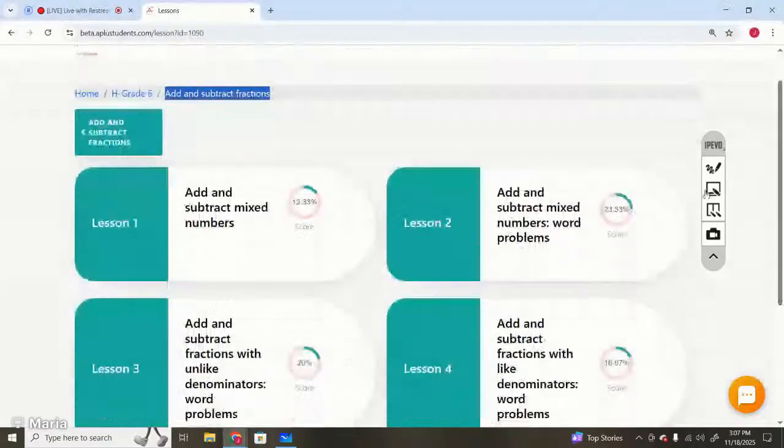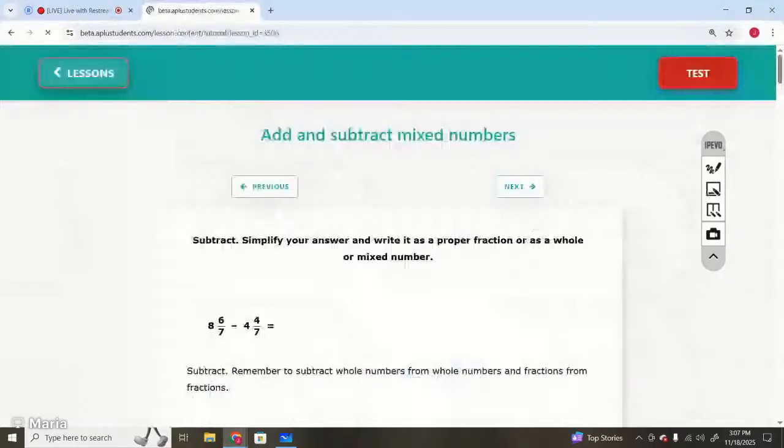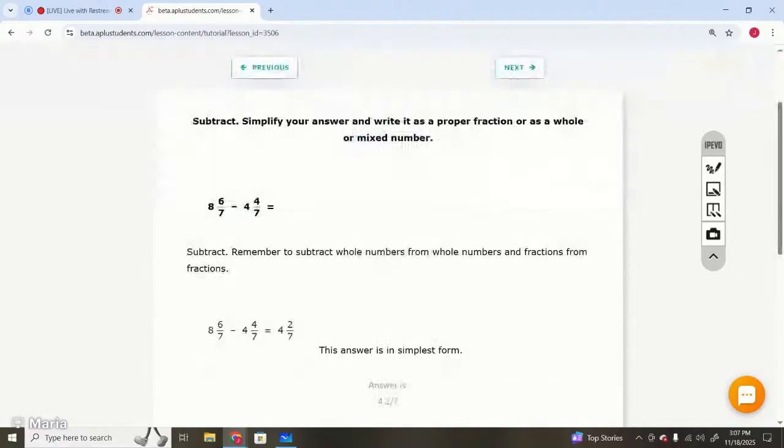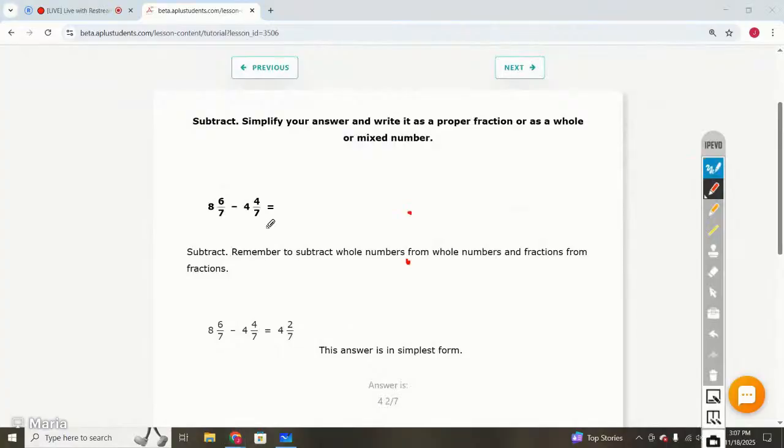Let's just start with the first lesson, add and subtract. Simplify your answer and write it as a proper fraction or as a whole or mixed number, right? 8 whole 6 by 7 minus 4 whole 4 by 7.